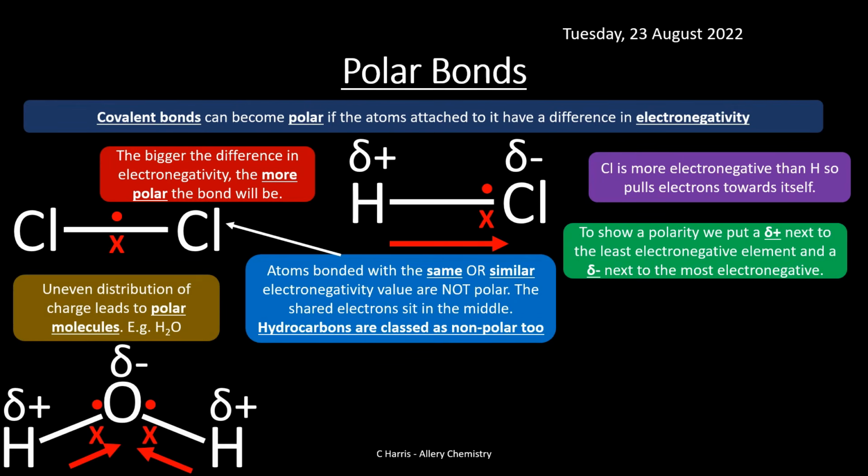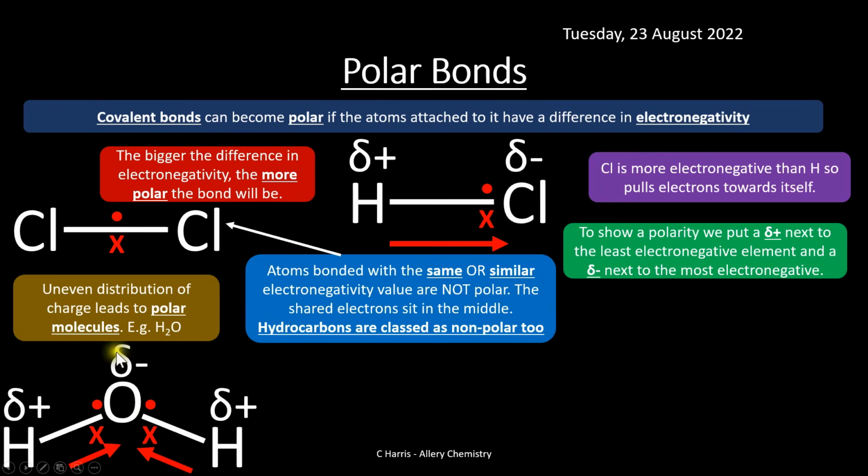You've also got molecules which have more than one atom in there. So, for example, water. If you've got an uneven distribution of charge, this leads to polar molecules as well. So water is a classic example of a molecule that is polar. So the electrons, as you can see here, are being pulled towards oxygen, which is more electronegative than hydrogen.